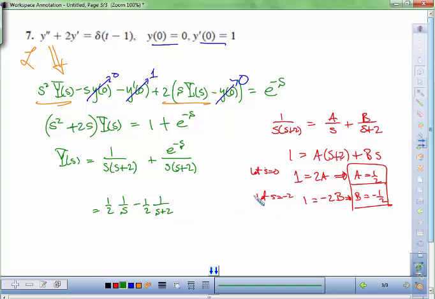And then the same thing is going to happen over here. All right, so we need to transform this back.